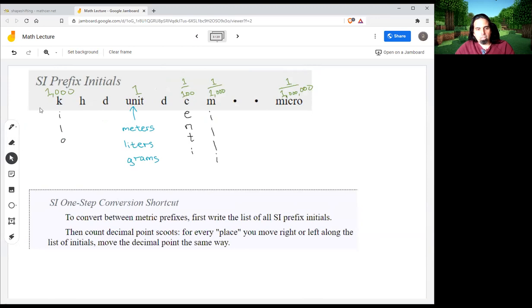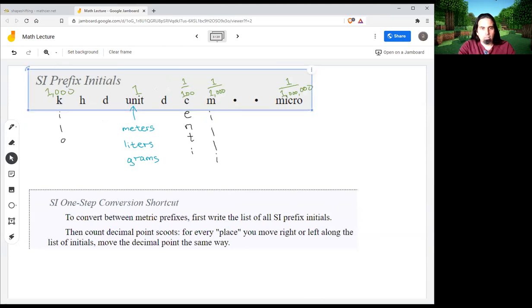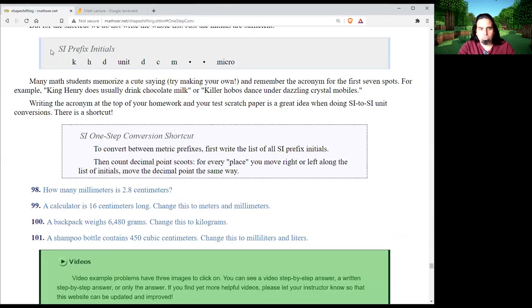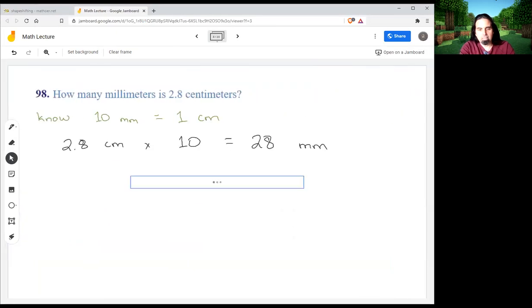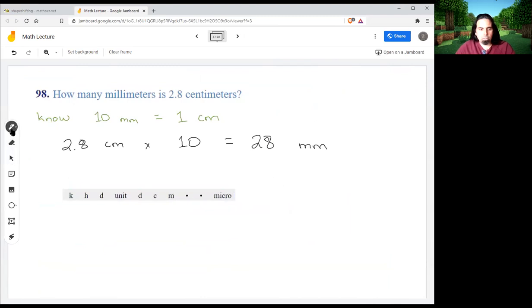Or we could just take these initials and say we went from centimeters to millimeters, which was 1 scoot to the right.